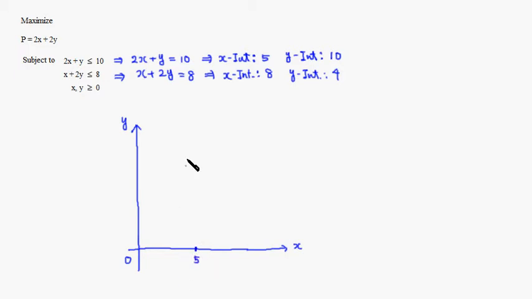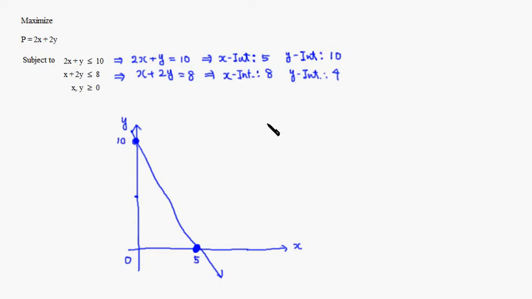Then the y-intercept is 10, so it's double that, up here. So the borderline for the first inequality has to go through these two points. I'm going to draw a line through both of them, something like that.